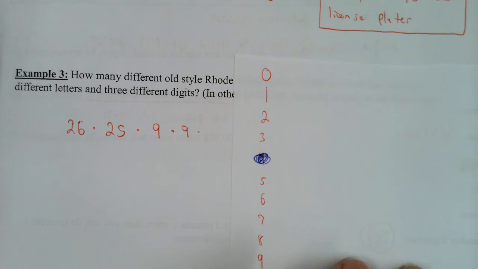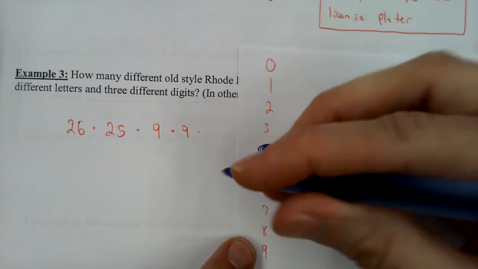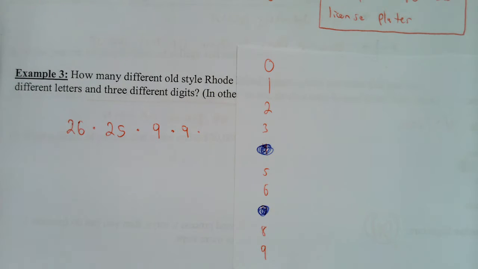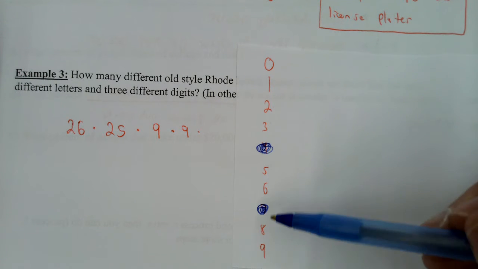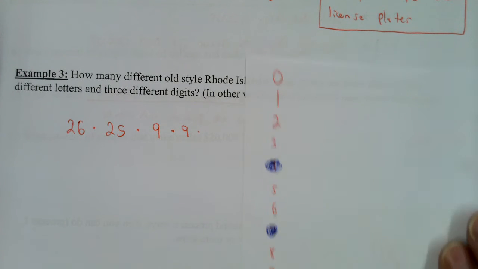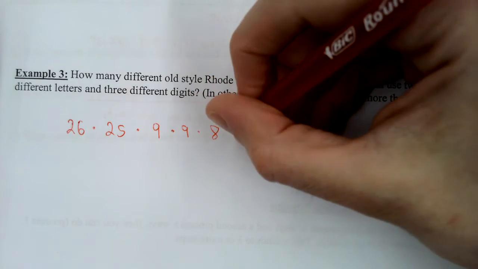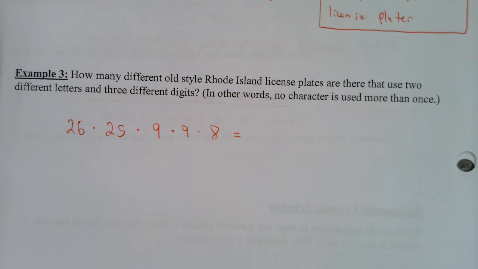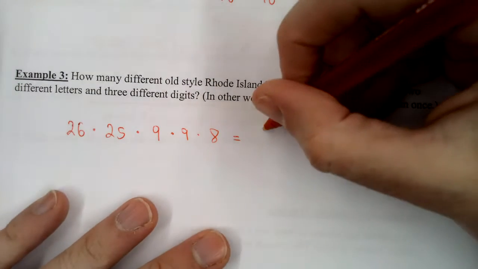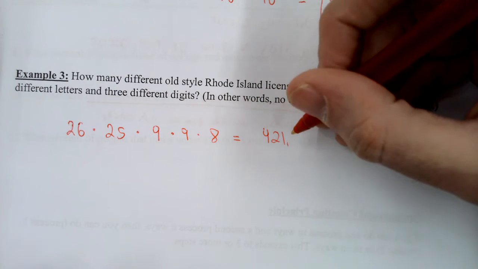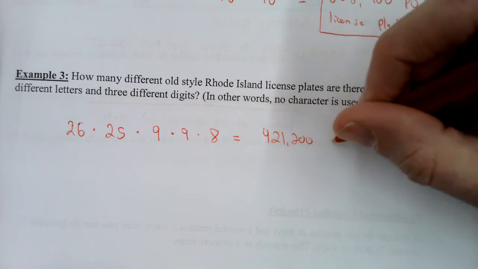And let's just pretend that that digit was a 7. So the 7 goes away, and now we have 8 possibilities left. Those numbers are going to multiply, and that's going to give you 421,200 possible license plates.